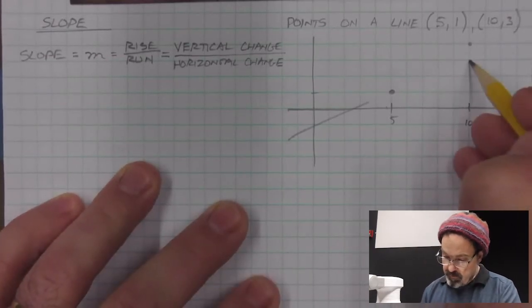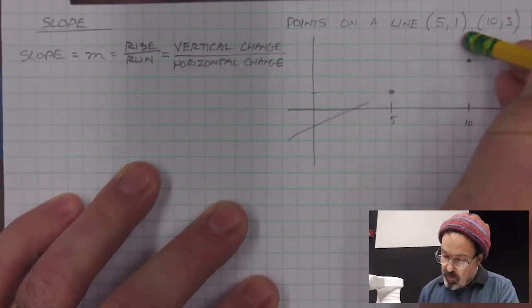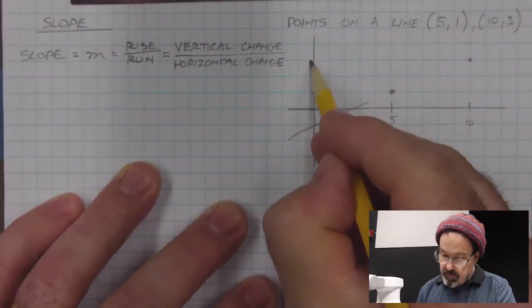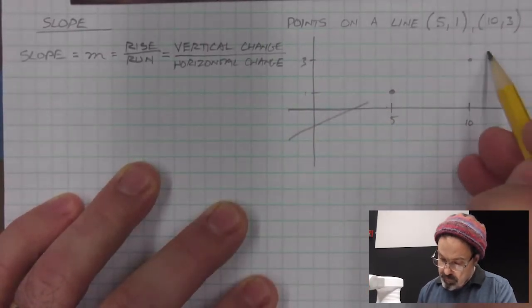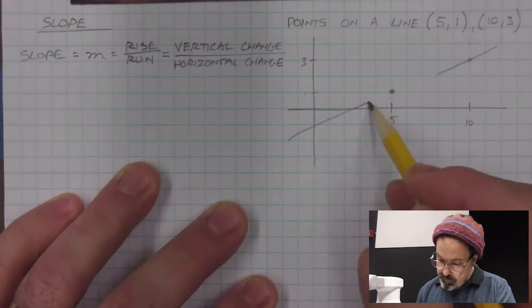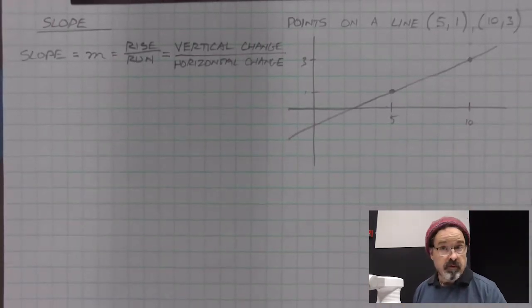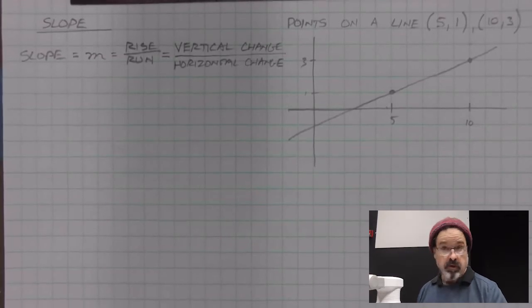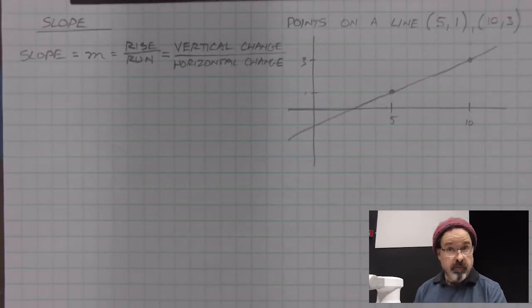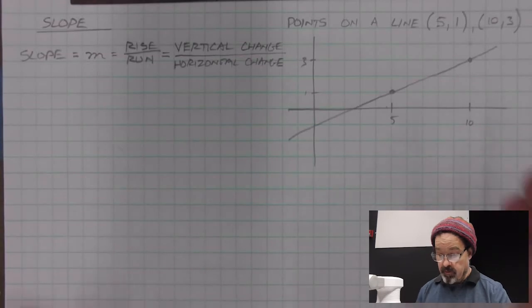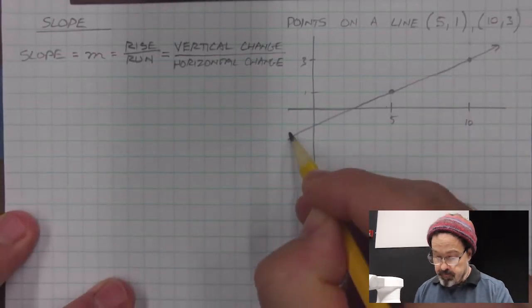I'm going to do it as accurately as possible, which means that I need to graph accurately. These 2 points, the coordinates of the points that we were given, they're on a line. If we graph those 2 points and then connect them, we can graph the entire line.